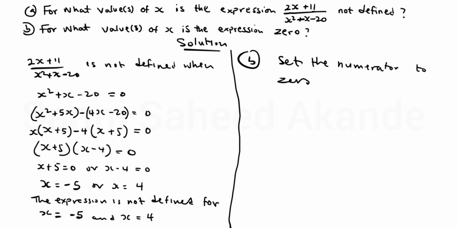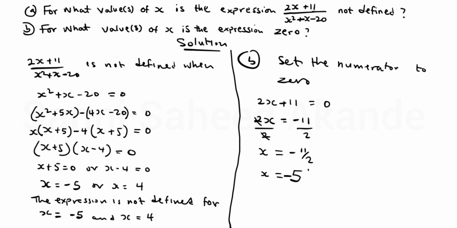Now let's do that quickly. The numerator is 2x plus 11 equal to 0. When you solve this simple equation, you have 2x equal to minus 11. Dividing both sides by 2 will give you x equal to minus 11 over 2. And when you solve that further, you have minus 5 whole number 1 over 2.